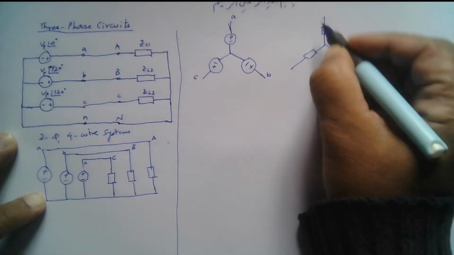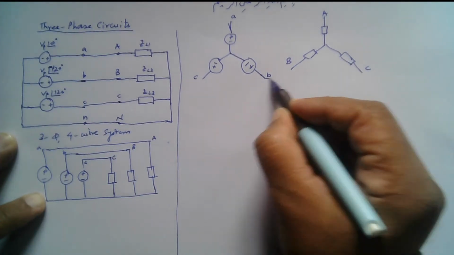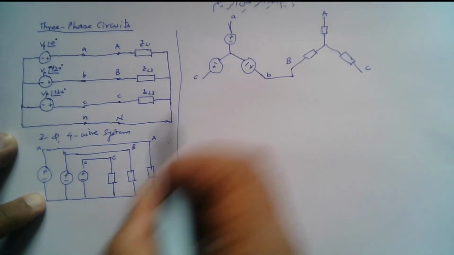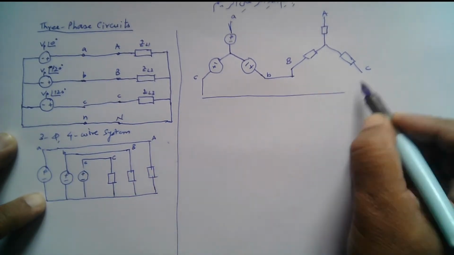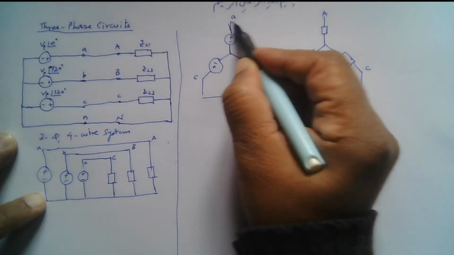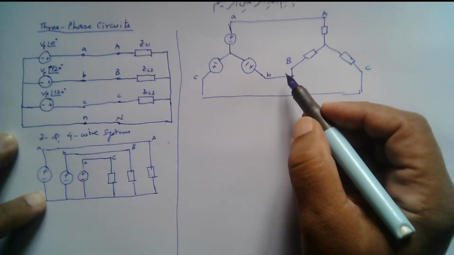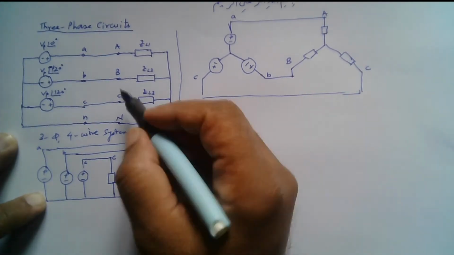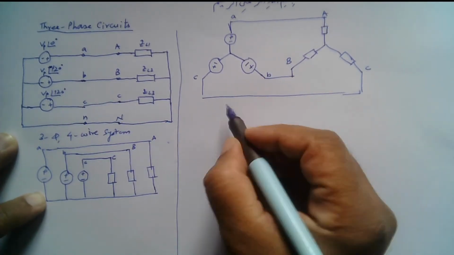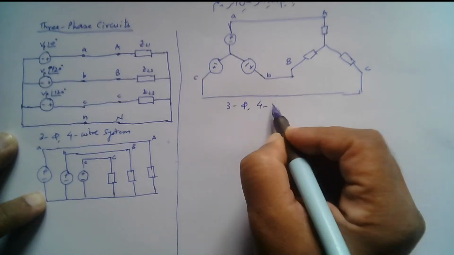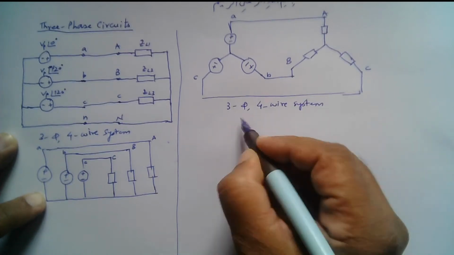So let me call this A, capital A, this capital B, and this as capital C. So B connected together like here, and C connected together like here, right? And A connected together like here. So this in effect is the same circuit as this one. All three circuits are the same. So this is a typical three-phase four-wire system, and this is a YY connection.